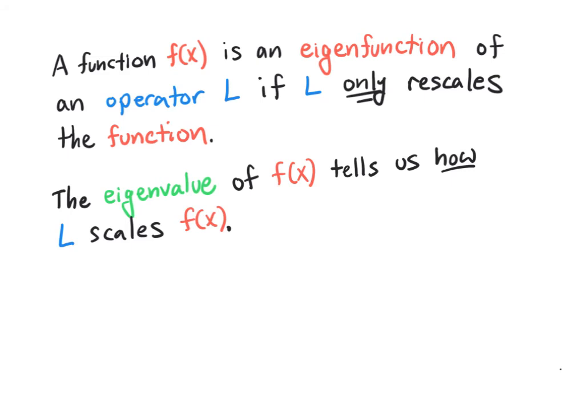In other words, everything that we've just talked about involving functions can be generalized to apply to vectors in general. It's just if we're talking about vectors in this context, we would say that a vector that is only rescaled by a particular linear operation is an eigenvector of the operation rather than an eigenfunction.